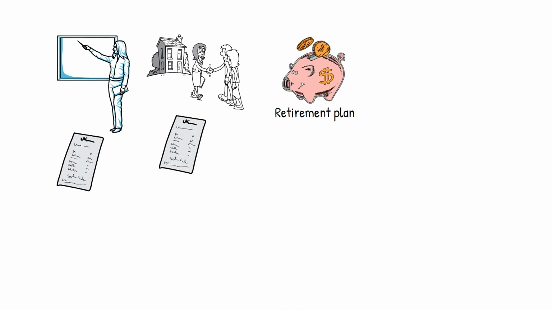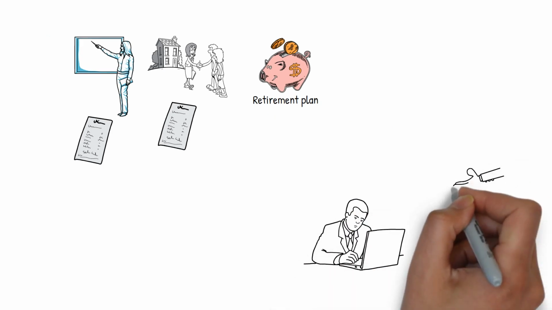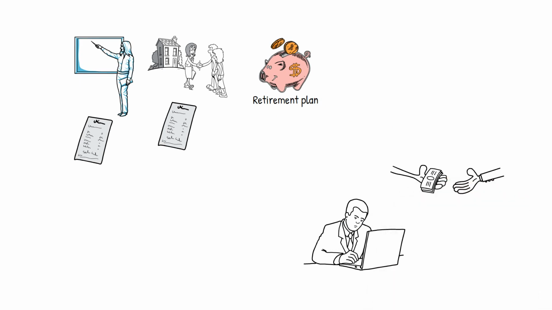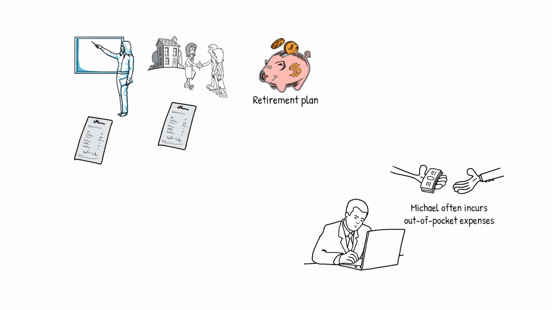Emily's colleague, Michael, however, faces a different set of circumstances. As an employee at a technology firm, Michael often incurs out-of-pocket expenses for business-related activities. However, the Tax Cuts and Jobs Act of 2017 brought about a significant change.